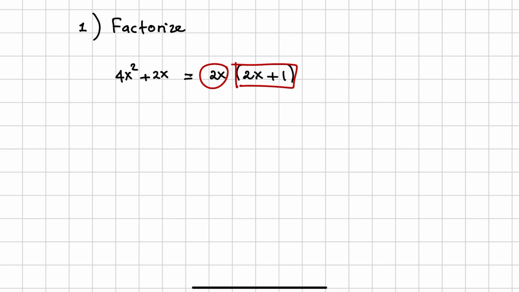You can see 2x is one factor and 2x plus 1 is another factor. So that is called factorization. But what if we write plus 2? This is not factorization because it is made with a sum. So factorization, like I said, is changing from a sum or subtraction into a multiplication of factors.